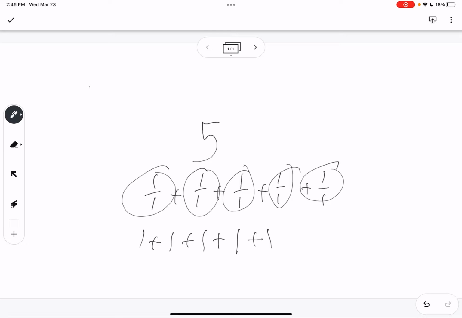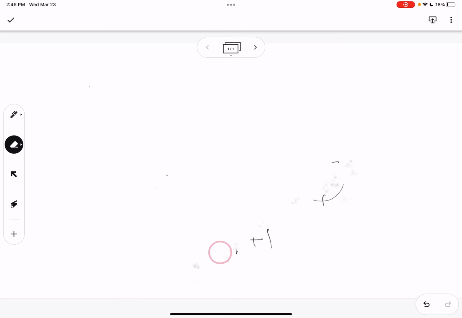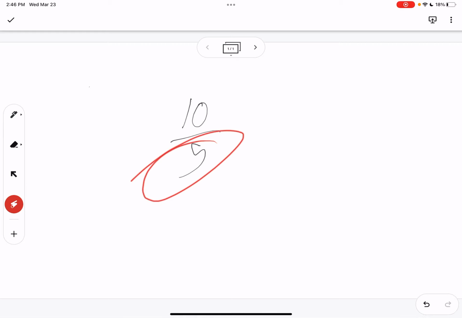Okay? So, question then, if we have 10/5, well, since the top number is bigger than the bottom number, we know that we have at least one whole fraction in here. So we can pull that out by subtracting a whole fraction.